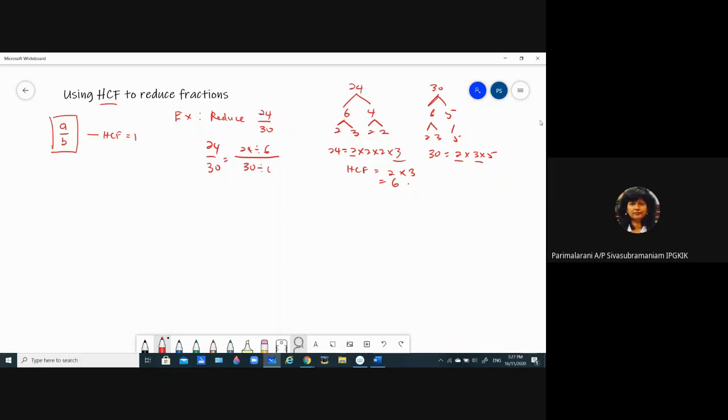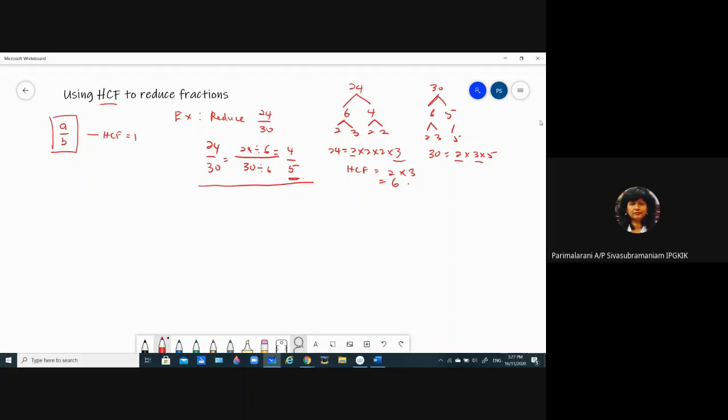So what do we get here? 24 divided by 6 is 4, and 30 divided by 6 is 5. So we have reduced it. Now if you check this fraction, the highest common factor of this fraction is 1. Therefore, it is in the reduced state. So we have used HCF to reduce this fraction to its lowest term. Okay?